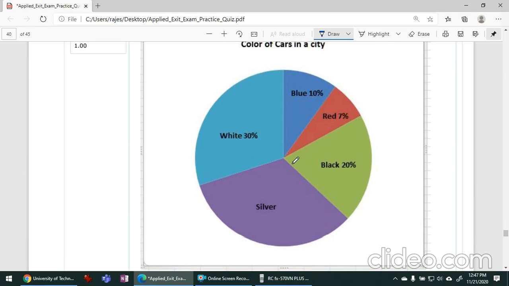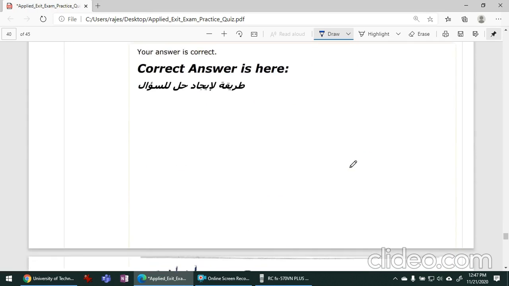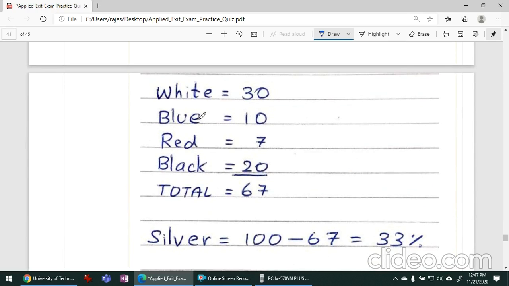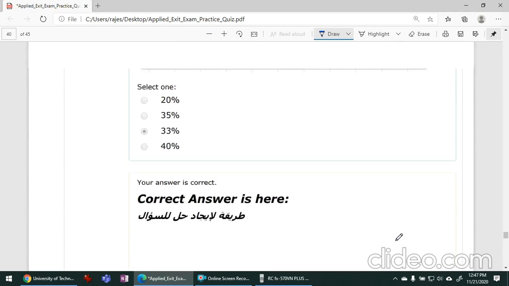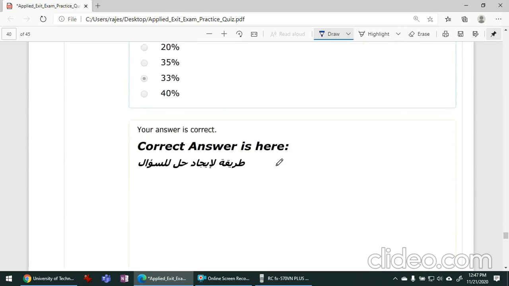Silver is not given. Percentage means total is always 100. White 30, blue 10, red 7, black 20. Total is 67. I want silver. 100 minus 67, 33. So this is 33.